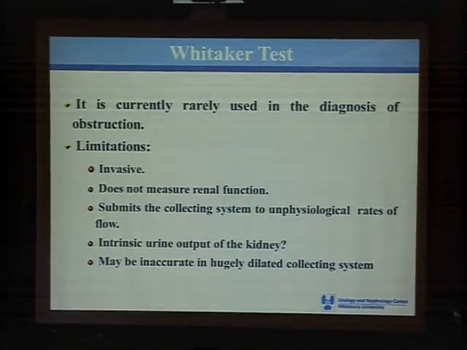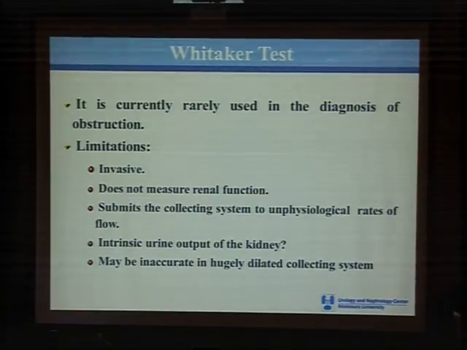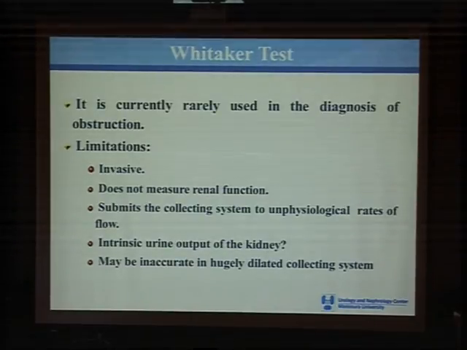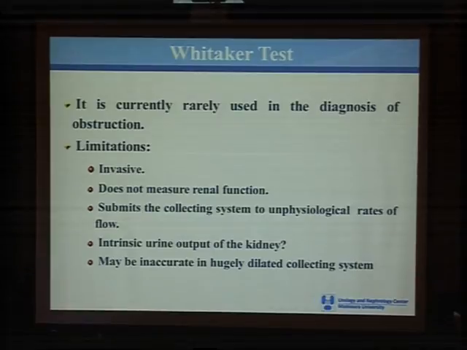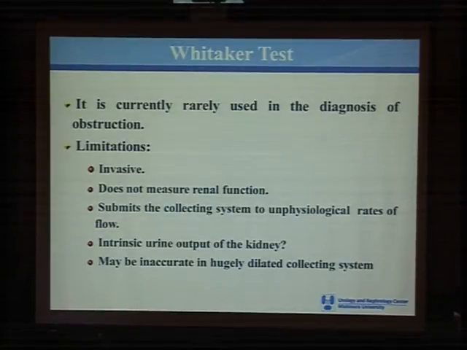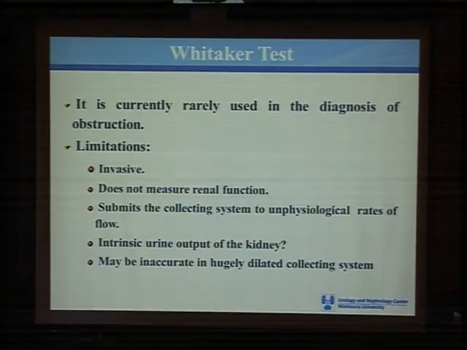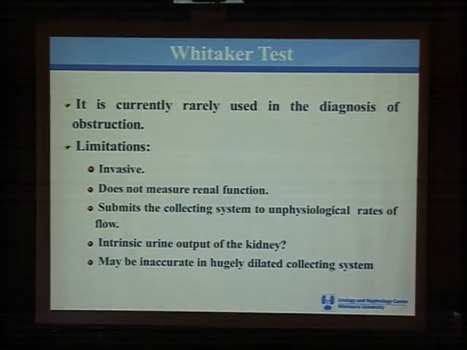If the pressure is more than 20, it is obstructed. If it is less than 10, it is non-obstructed. If it is between 10 and 20, it is equivocal. However, this approach is invasive because it needs fixation of a percutaneous nephrostomy.